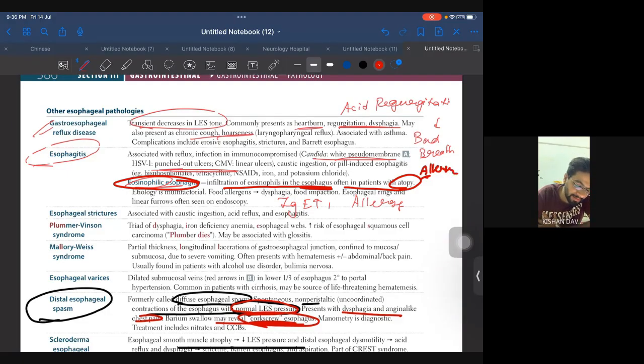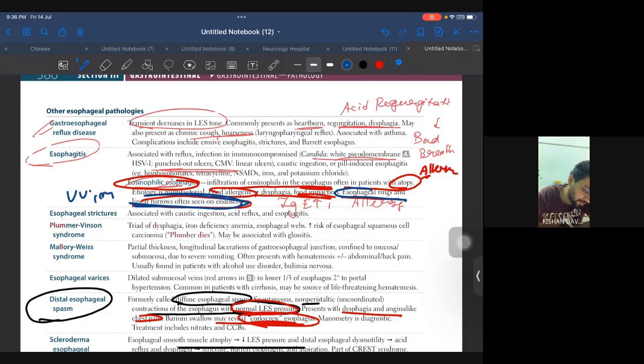Food allergens, dysphagia, food impaction, esophageal rings and linear furrows often seen. This is very, very important. This question was there, I think, in NBME. Linear furrows are seen in eosinophilic esophagitis.